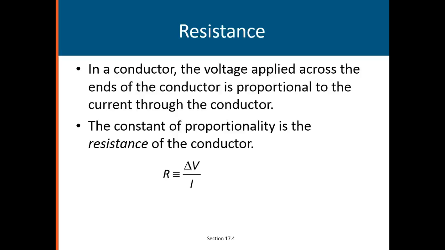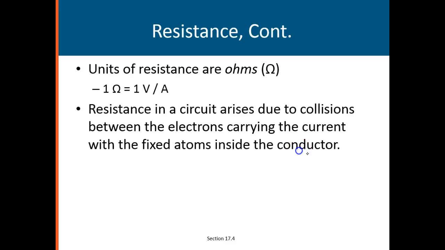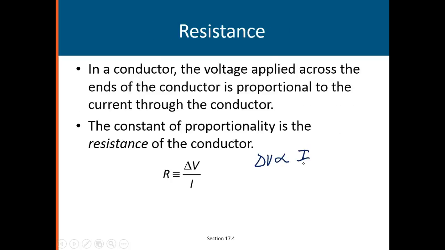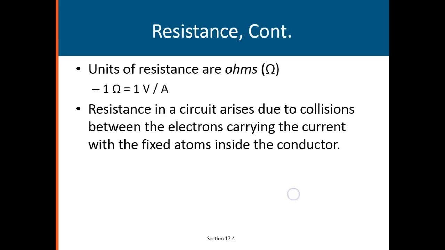So in a conductor, the voltage applied, delta V, is proportional to the current flowing through that resistor. To change that, you would put it to an equality: delta V is equal to some K, constant of proportionality, times the current.